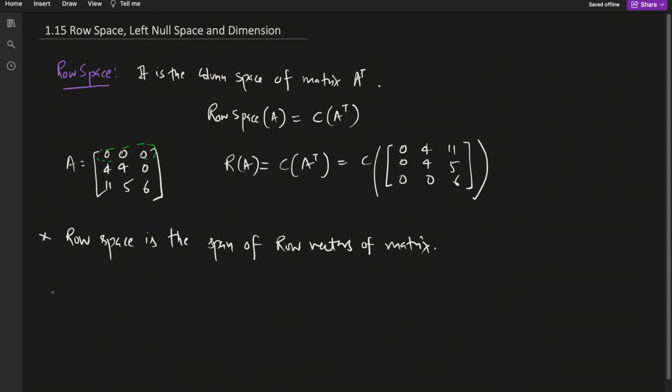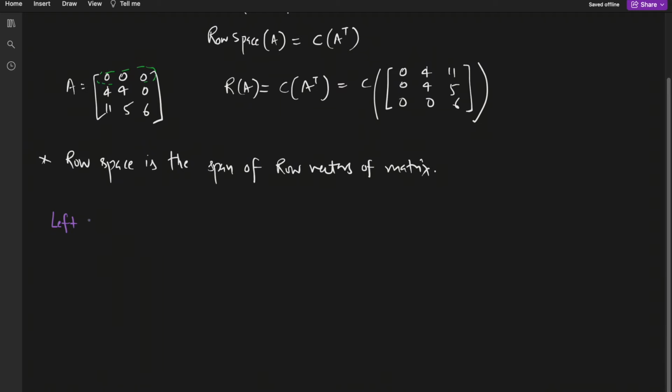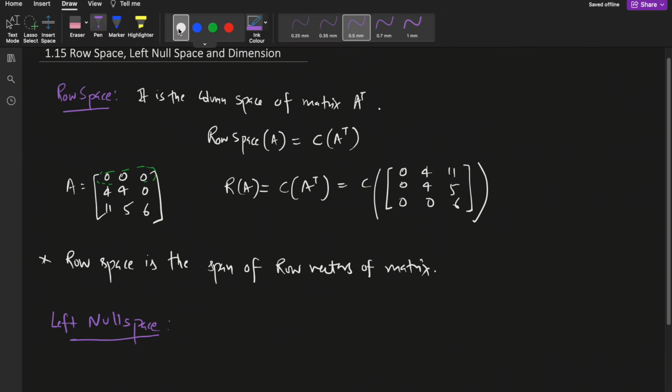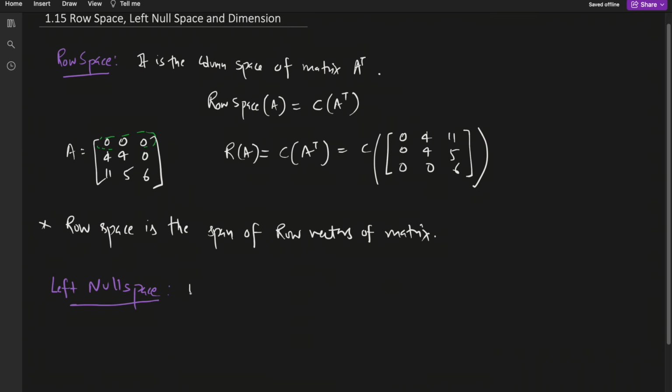Similarly, we have the fourth and last subspace, the left null space. The left null space is also simple. It is the null space of A transpose.